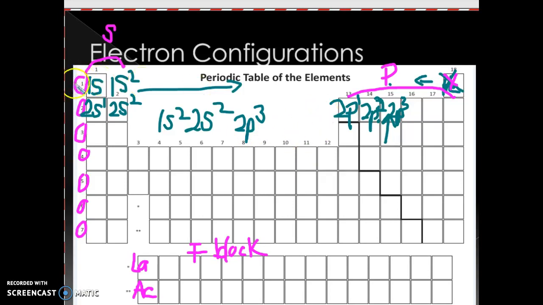Remember, 1 means the first row and also the first ring around the nucleus. 2 means the second row and the second ring around the nucleus. So this right here, 1s2, 2s2, 2p3, represents the electron configuration for nitrogen, which has a total of 7 electrons. If you count these little powers, which represent the electrons, 2 plus 2 is 4, plus 3 is 7. That is the configuration for nitrogen.